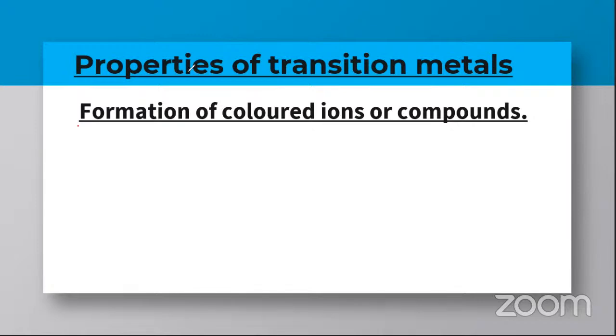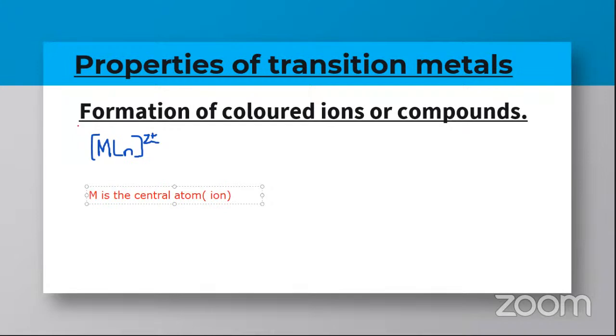the formula of the complex is MLn. Then we put this inside square brackets. Then we have Z plus or minus. And we also said that M is the central atom, which is always a metal.